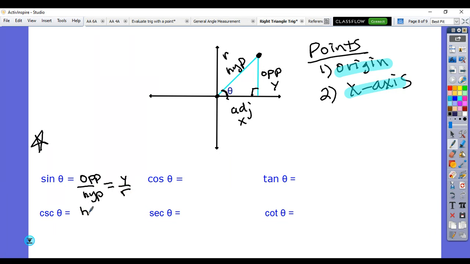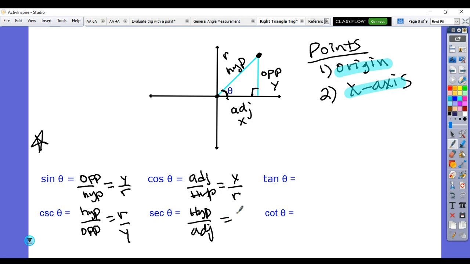The reciprocal, hypotenuse over opposite, or r over y. Cosine is a over h, adjacent over hypotenuse, or x over r. Reciprocal, hypotenuse over adjacent, r over x.